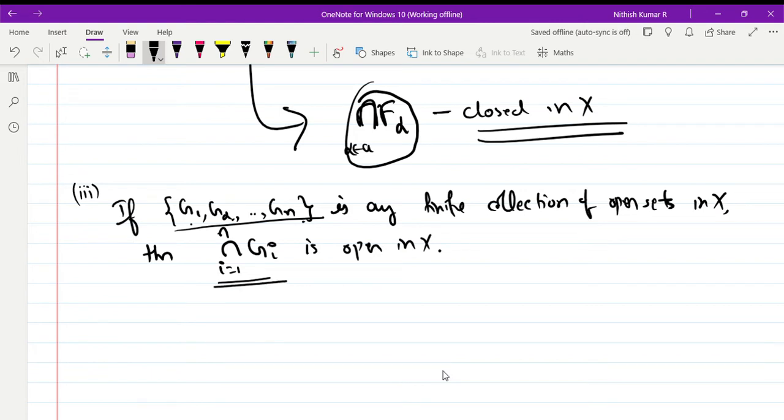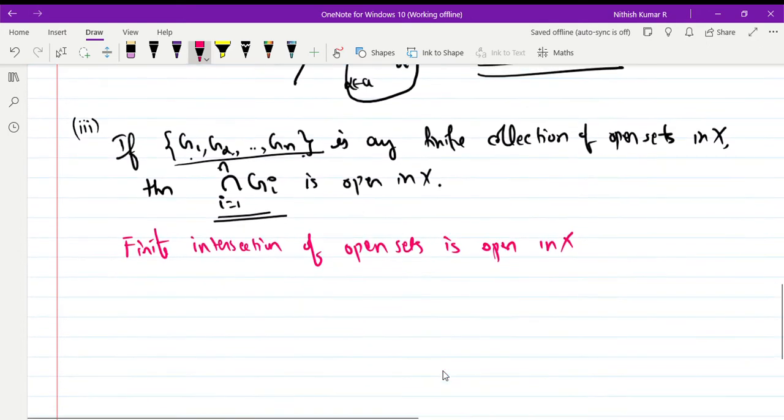In short, it says a finite intersection of open sets in X is open in X.